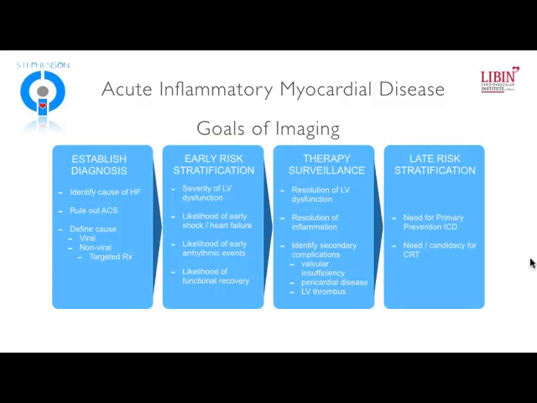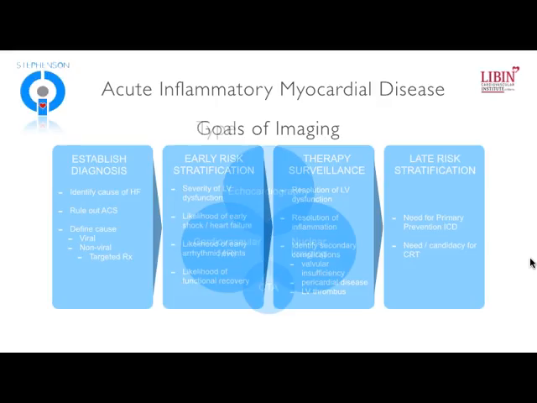So what are our goals of imaging? Clinically, we want to first evaluate patients with new onset heart failure and identify the cause. Often we're trying to establish whether we've got an ischemic or non-ischemic cause. In patients that present with chest discomfort or troponin elevation, we're often trying to exclude ACS or rule in an inflammatory myocardial disease.